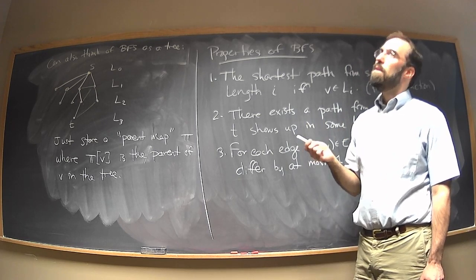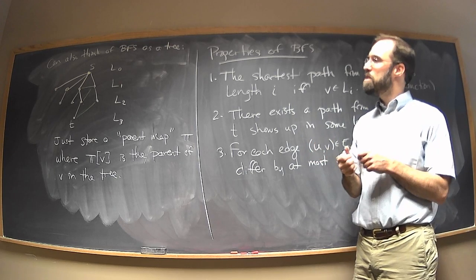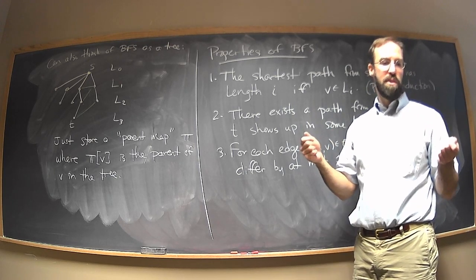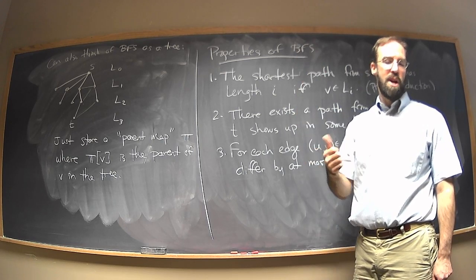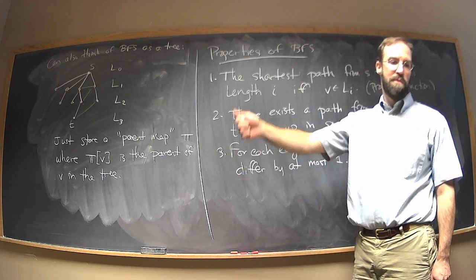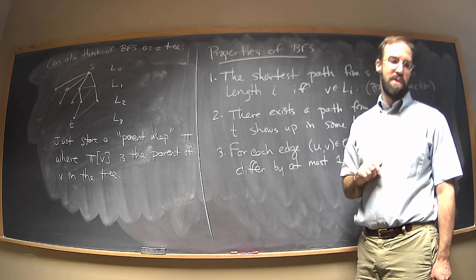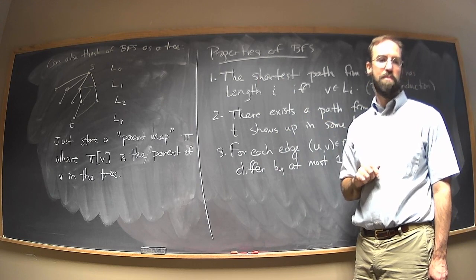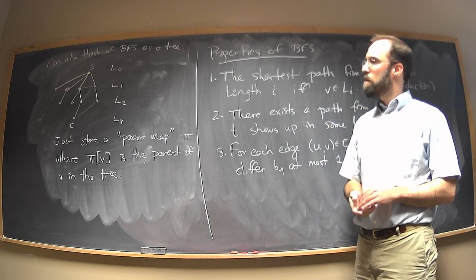That's part of why it would be annoying to store it that way, because we couldn't just have a left and right. We'd have to have a set of all the children. But we don't care, because we never need to go down the tree. We only care about starting somewhere at the bottom and following a path up. That's why we can get away with just storing the parent of each vertex. And that's good enough. Cool. Good question. Other questions at this point?